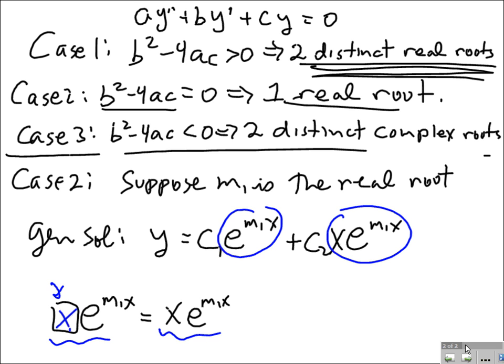But I can only really do that if these two are independent. And I showed below that they are. What you need to multiply this solution by to get the other solution must be x. And it's not a constant. x changes. So that's what happened with case 2.